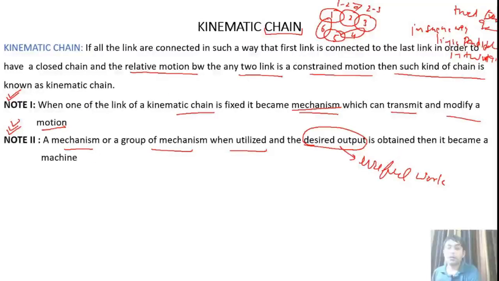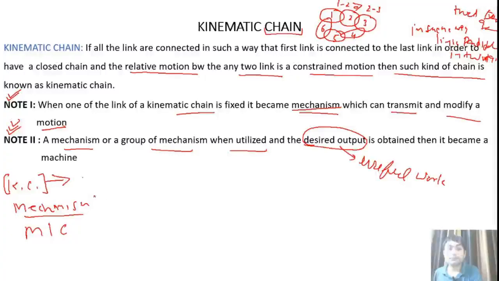So, a total of 3 terms we studied. First is kinematic chain, second is mechanism, and third is machine. Kinematic chain: a chain which has constant relative motions is known as a kinematic chain.